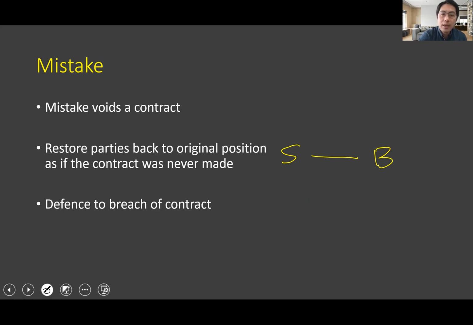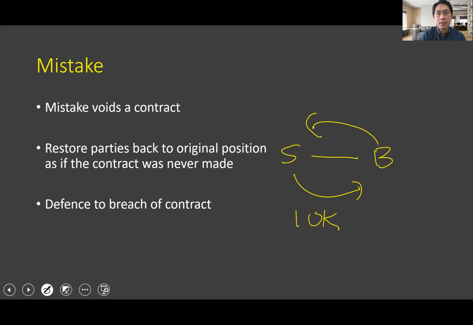So if the seller had offered the goods at $1,000 and the buyer said, okay, I accept to buy your goods at $1,000, with the presence of offer and acceptance, there would be an agreement. Assuming the other requirements for formation of contract are also satisfied, there will now be a contract.